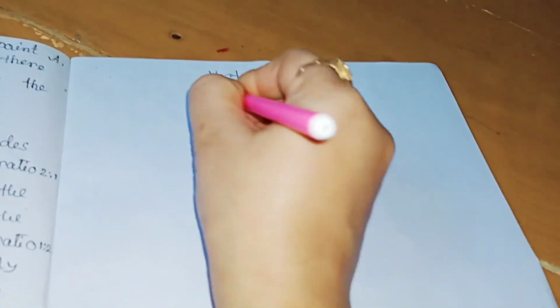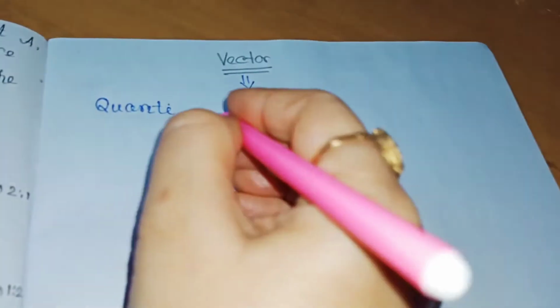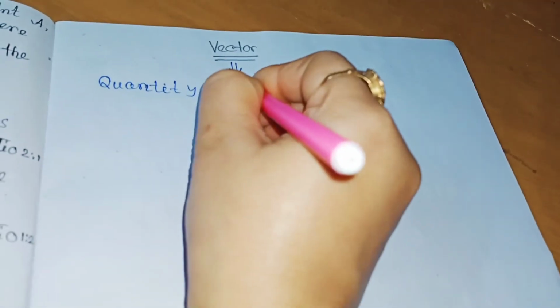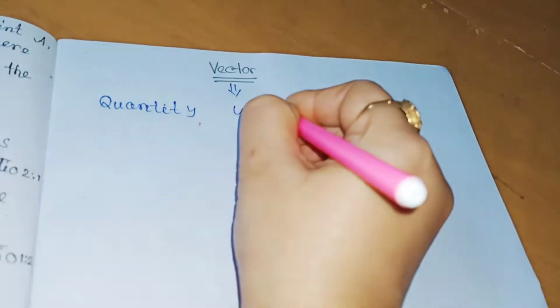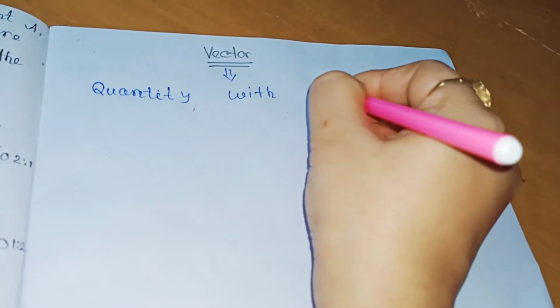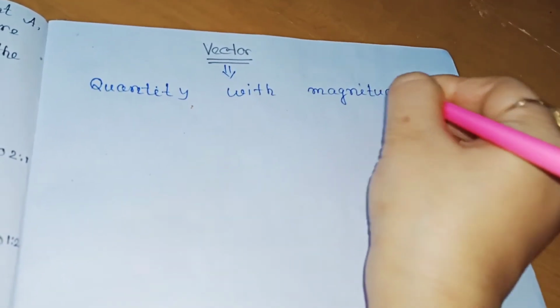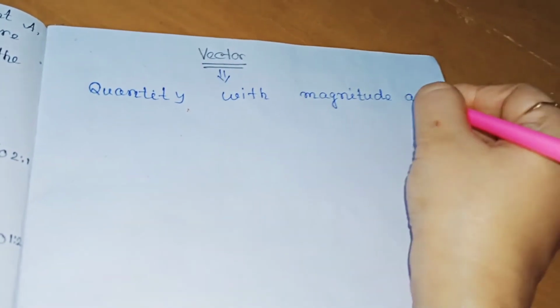So in a single word, we explain vector as a quantity with magnitude and direction.